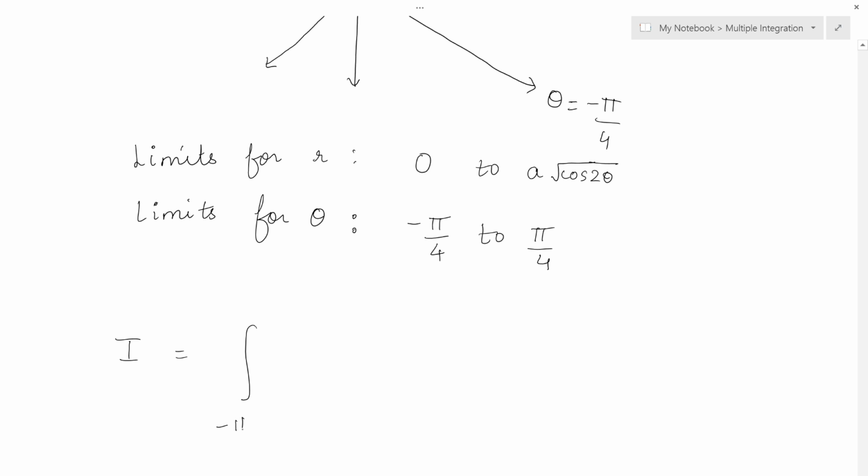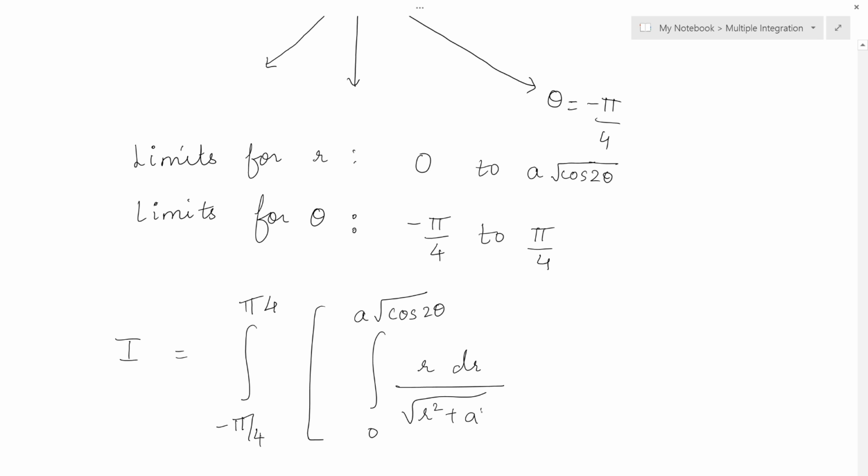The integration will be minus pi by 4 to plus pi by 4, and the inner limits will be 0 to a under root of cos 2 theta, r dr under root of r square plus a square. First you will integrate with respect to r.